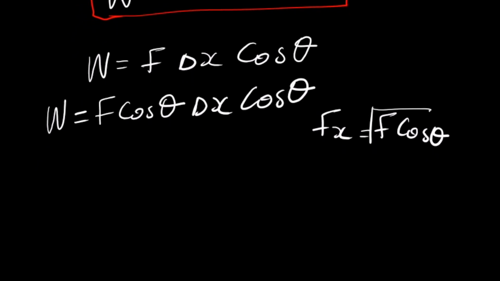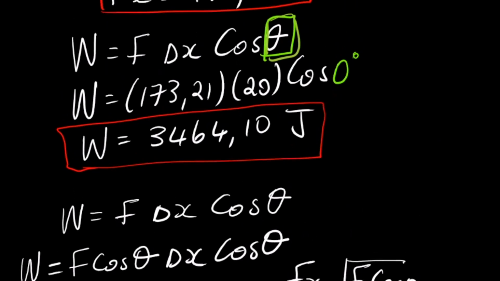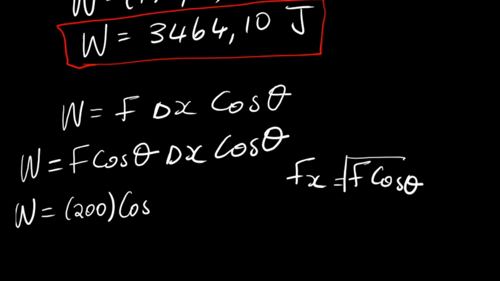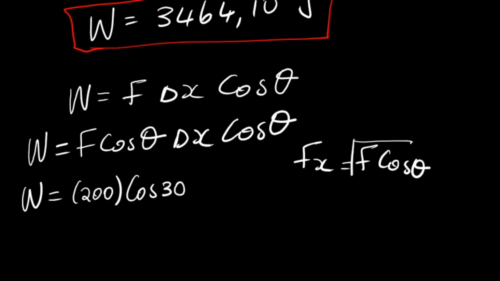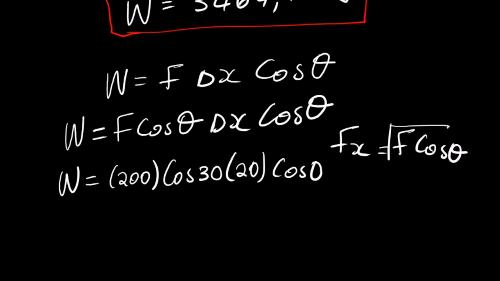Be careful of this cos theta, the angles are different. Our F is 200 cos, what is our angle again? It's 30 degrees. Displacement is 20 cos 0. Now punching this on the calculator, you will get 3464,10 joules.